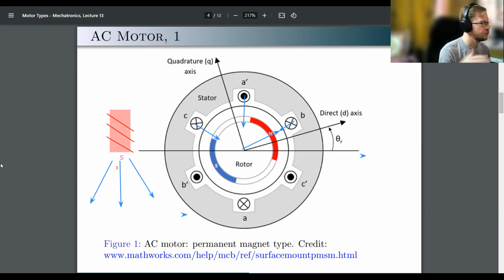We could connect those 3 phases to the 3 circuits, like 3 inductor circuits of the motor. And they would provide changing magnetic field, which would do exactly what we described.